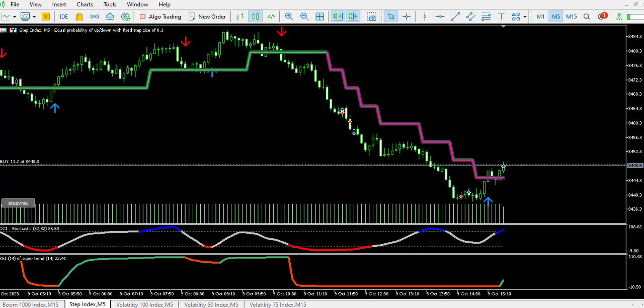Now let me show you one of the indicators, and this indicator must be present. This arrow must be present, or we have this blue for a buy or this green for a buy.